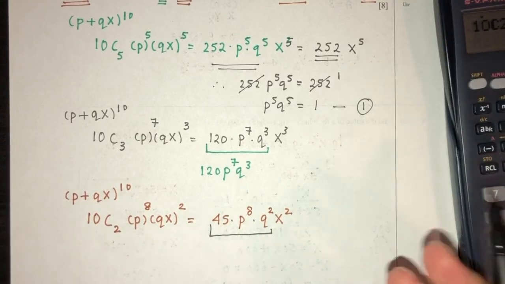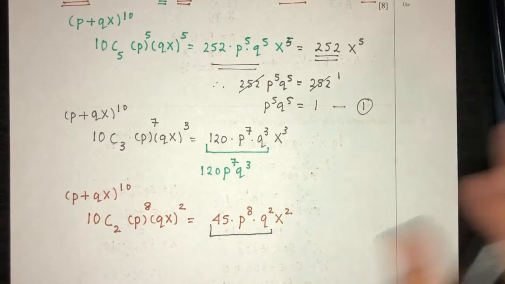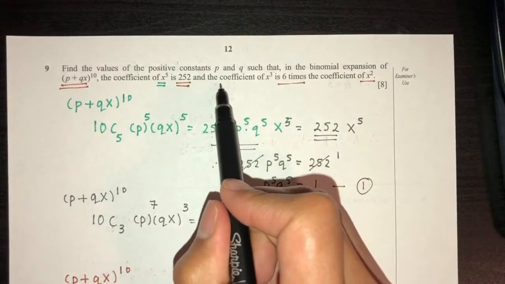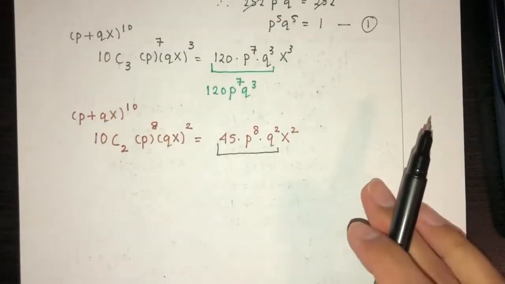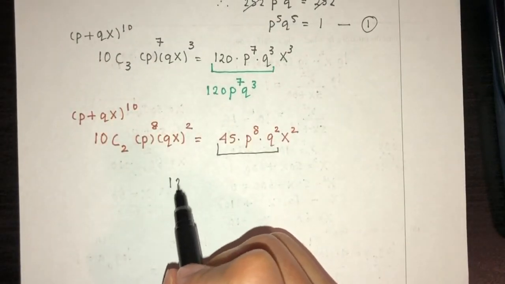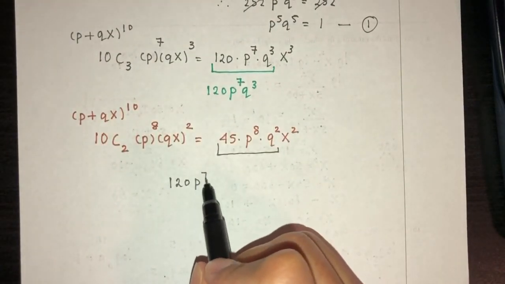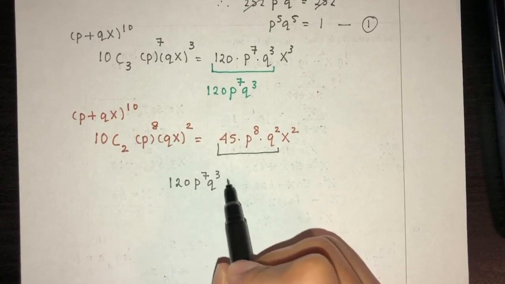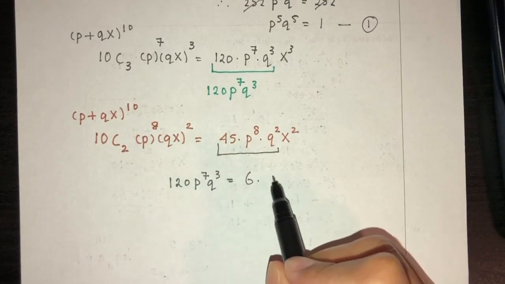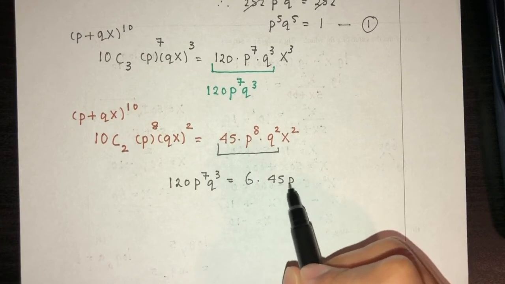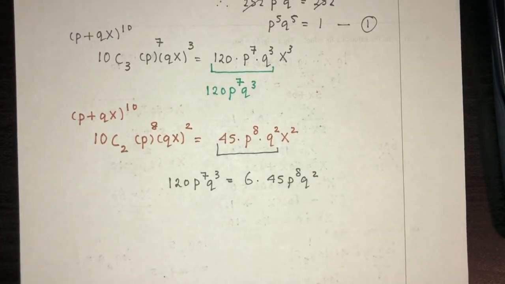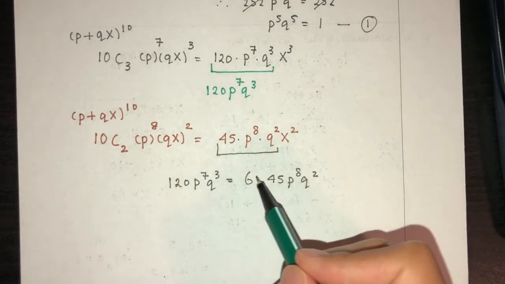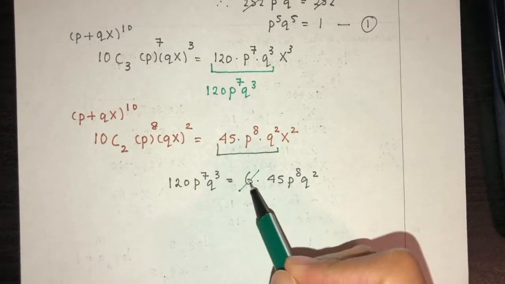So from here we can form a new equation which says the coefficient of x cubed is 6 times the coefficient of x squared. So let's write this down. Basically 120 p^7 q^3 is equal to 6 times this one. Okay, let's simplify. If you divide by 6 everywhere, the 6 goes away.